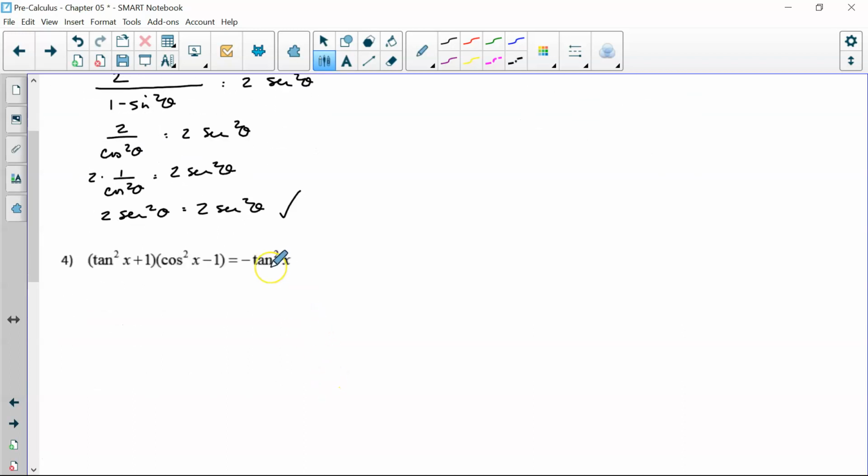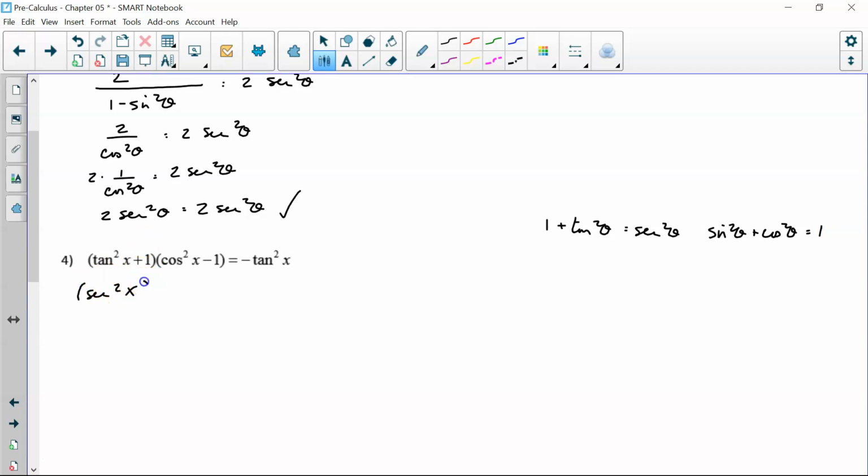A problem like number 4. Looking at number 4, these look very familiar. If you remember our Pythagorean identities, 1 plus the tangent squared theta equals the secant squared of theta. And also, sine squared theta plus cosine squared theta equals 1. So 1 plus tangent, or tangent plus 1, that's the same as secant squared.